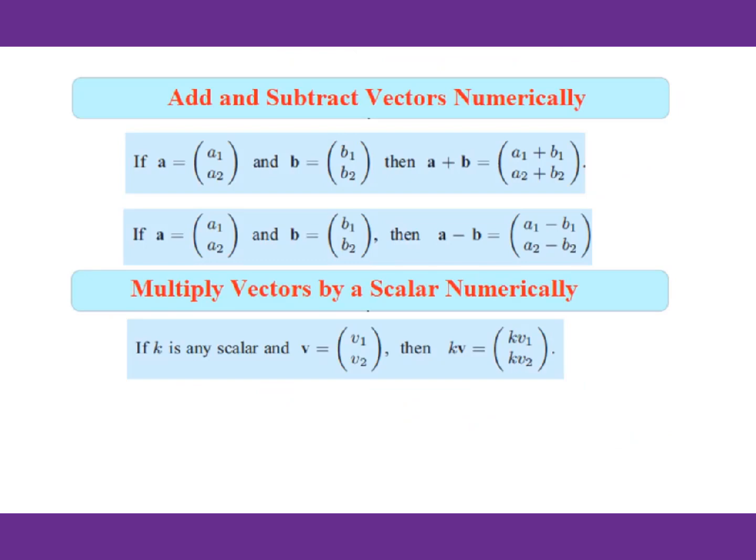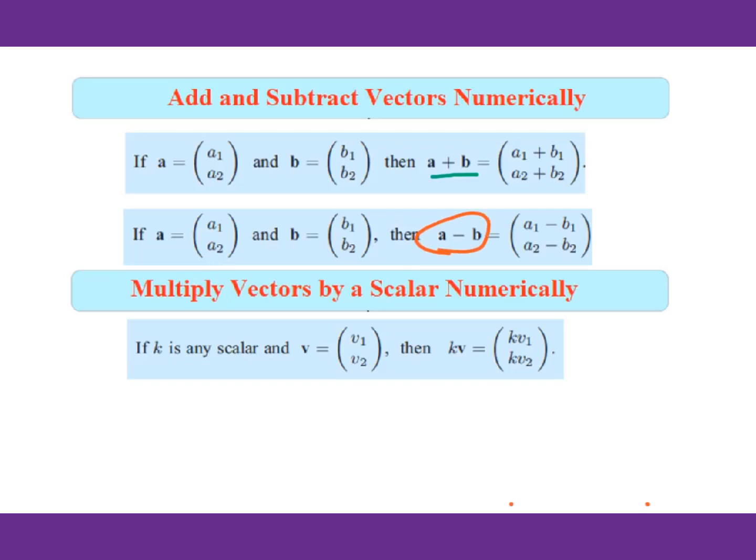Now let's talk about the operation of vectors numerically. If A equals A1, A2, B equals B1, B2, then A plus B equals the sum of the corresponding components, the same for subtraction.